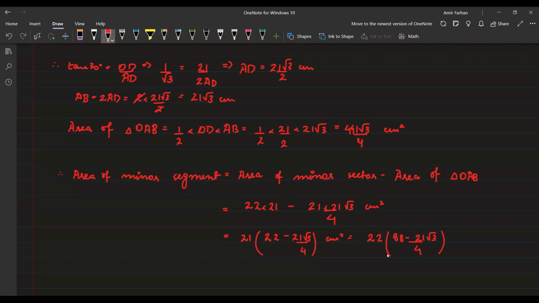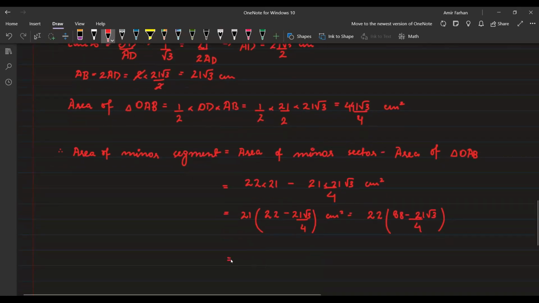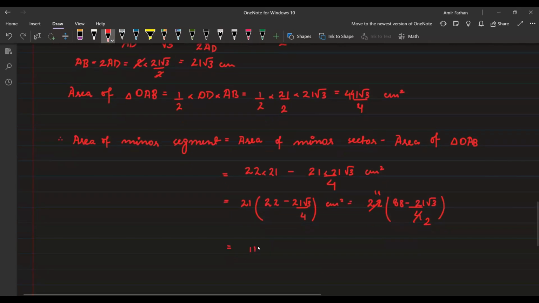Yes or no, Gianna, after taking the LCM? So this will cancel, twice 11 times. So what is left is 11. Okay. So it is 11 into 88 minus 21 root 3 by 2. Clear, Gianna?